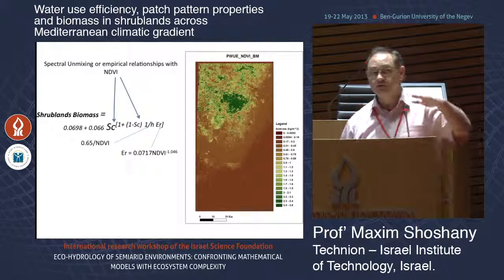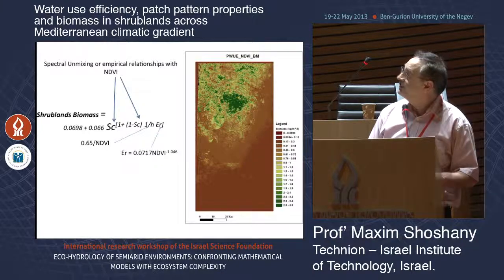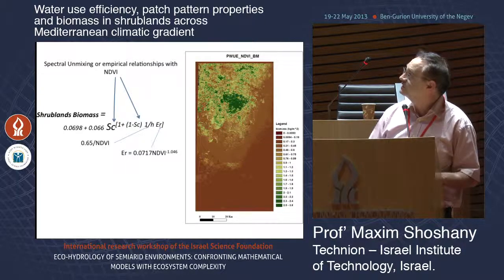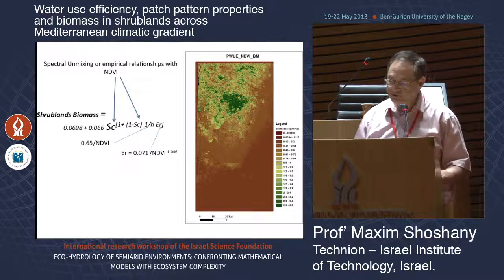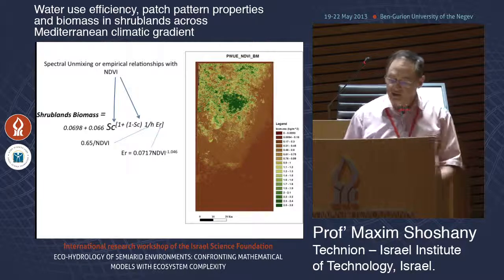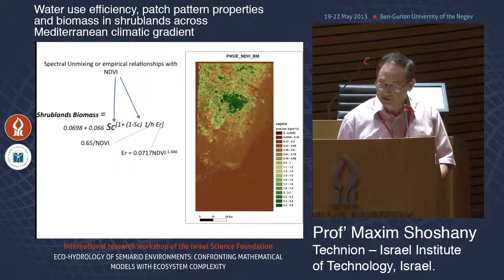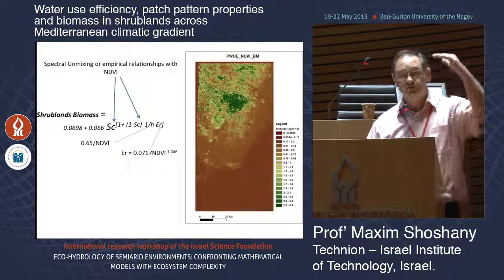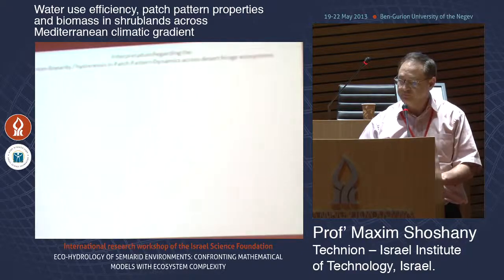So we started with the air photography resolution, and now we are working on the Landsat resolution of 30 meters. Using this model, we have derived this map for pattern water use efficiency and shrublands biomass across the climatic gradient of the Judean desert and the Judean mountains to the Negev desert transect.